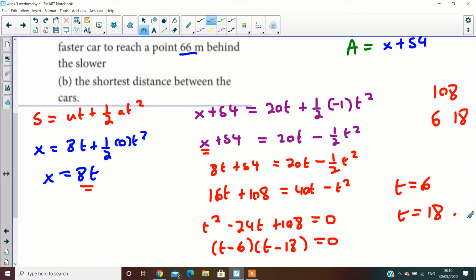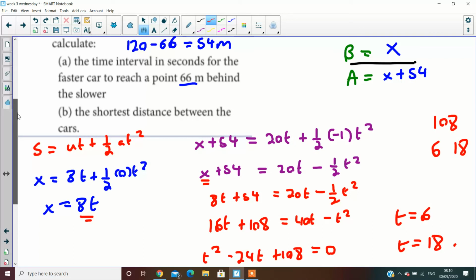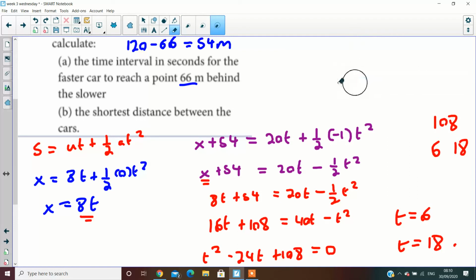Which one is it? 6 or 18? Why is there two answers? Physically speaking, why is there two answers? Yeah, A's in the lead, isn't it? So A is here, B is here. B is currently moving faster than A. So exactly what Oscar says.